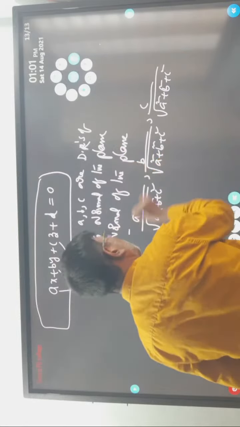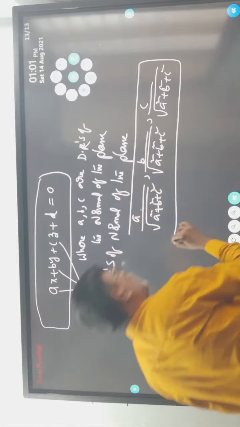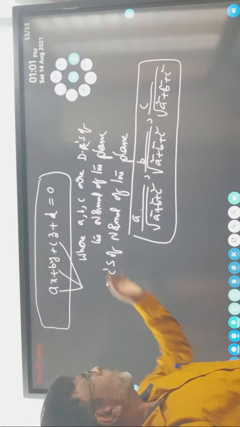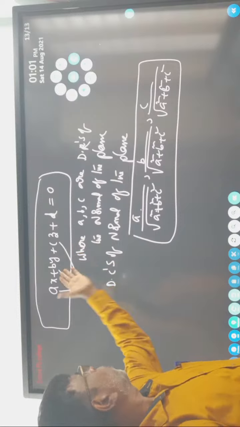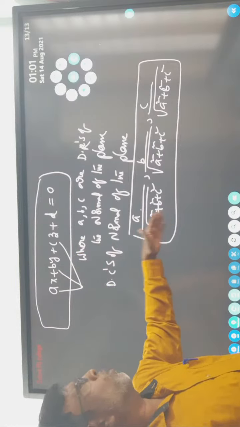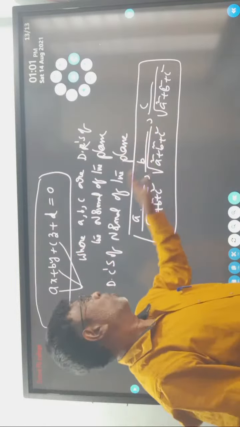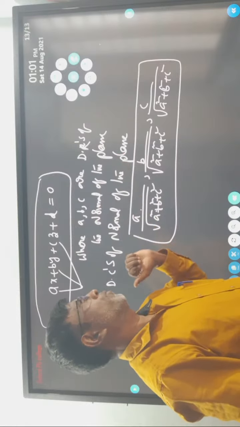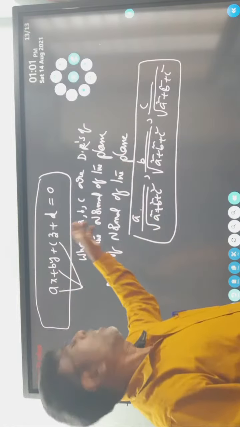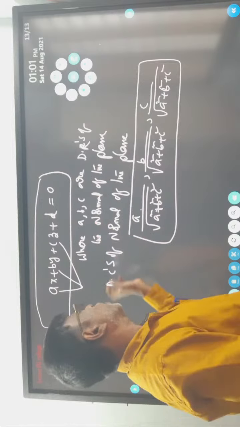These are the DCs of the normal of the plane. So dividing by root of a square plus b square plus c square gives the DCs of the normal, where a, b, c are the DRs of the normal of the plane.